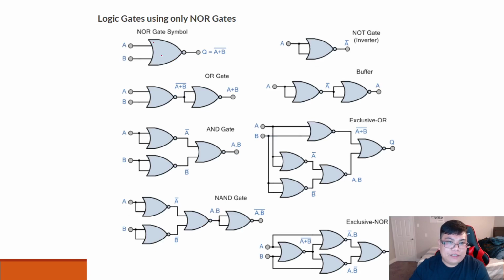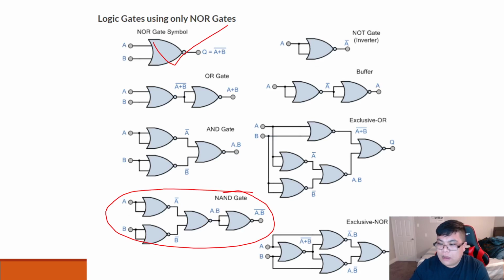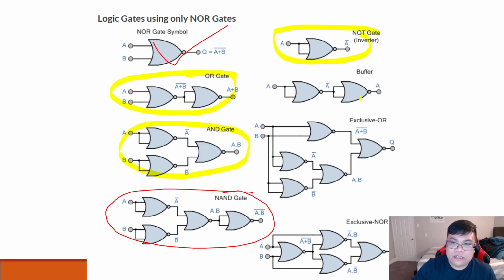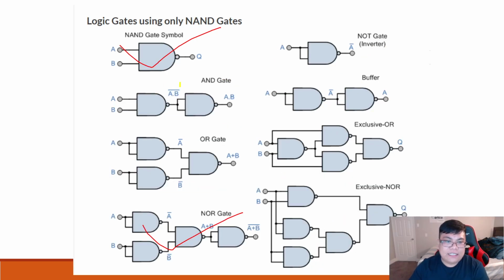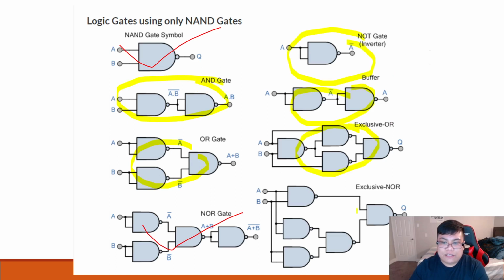I already showed you how to do this, and you're going to do this on your own for part B. But I'm also going to need from you the Verilog code to show this as an OR gate using NOR gates. This one, this one, this one, this one, and this one. And I'm also going to need you to show this one, this one, this one, this one, this one, and this one, okay?